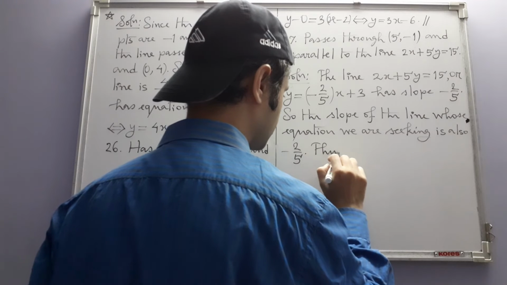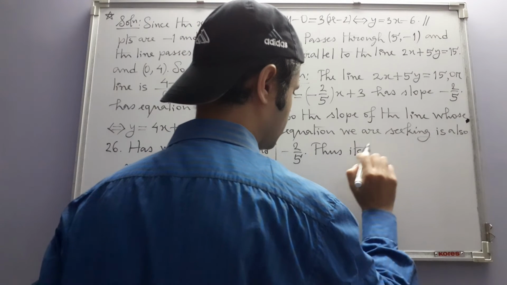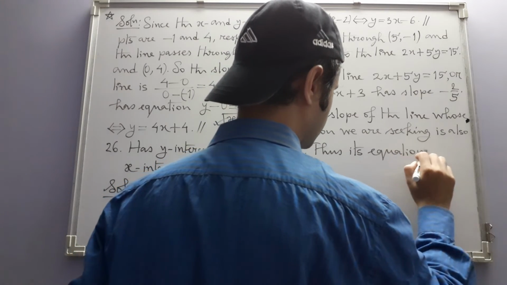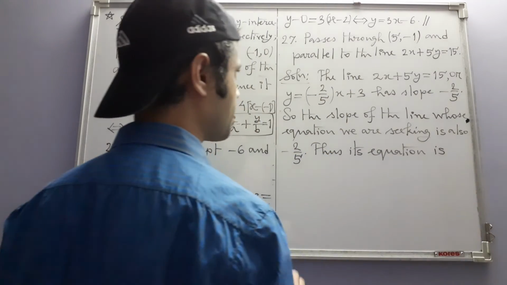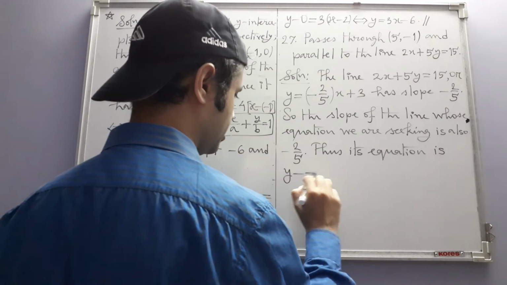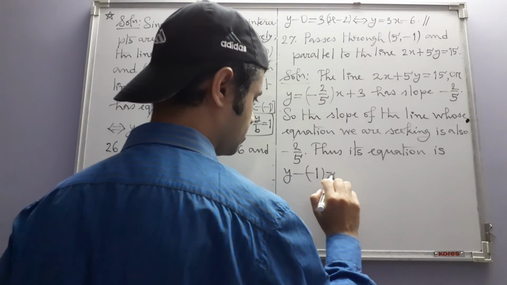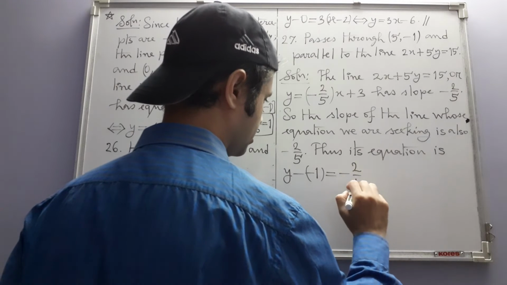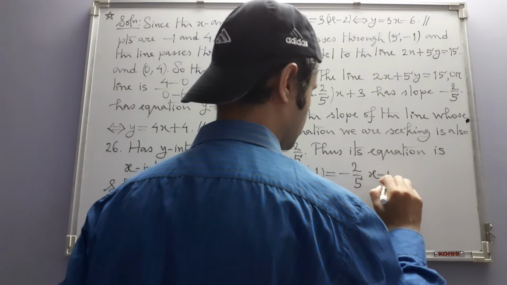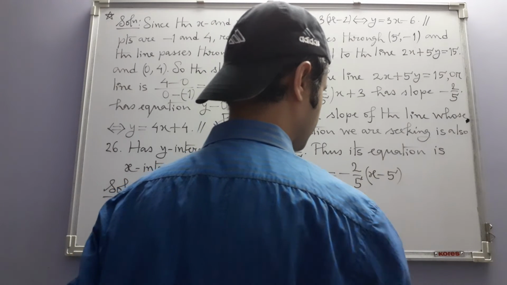Thus its equation is y minus -1 equal to -2 over 5 times x minus 5.